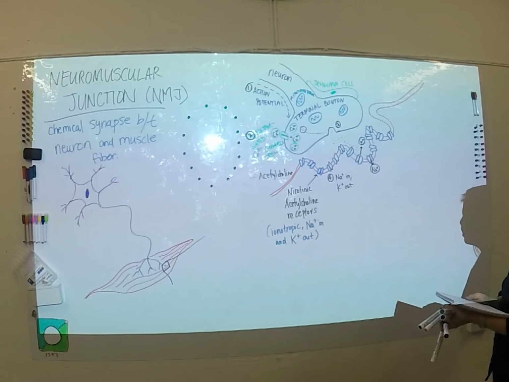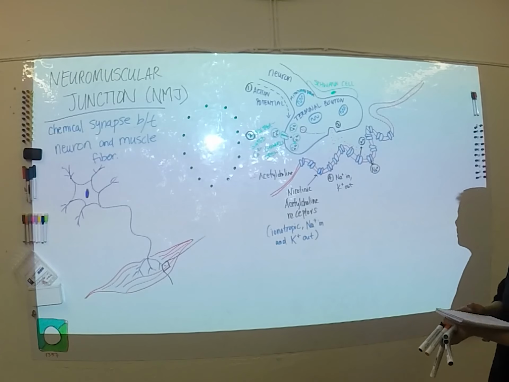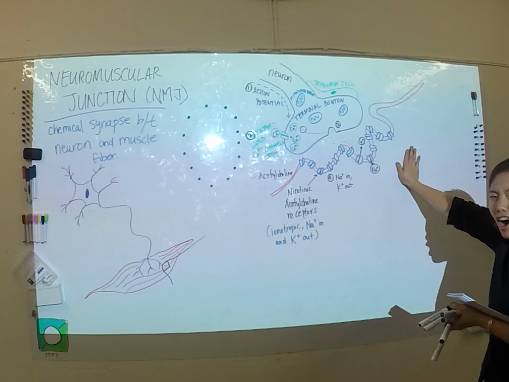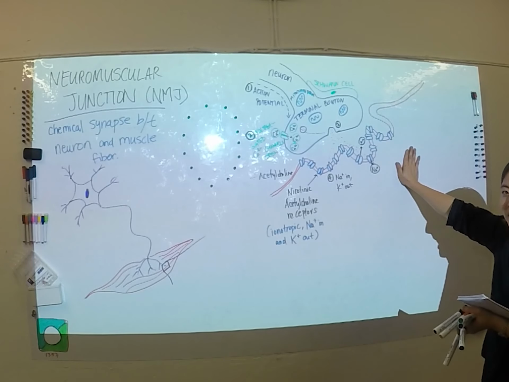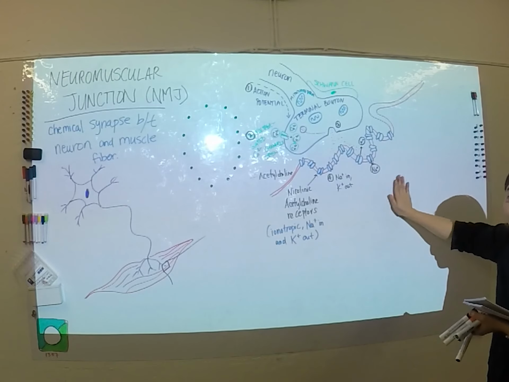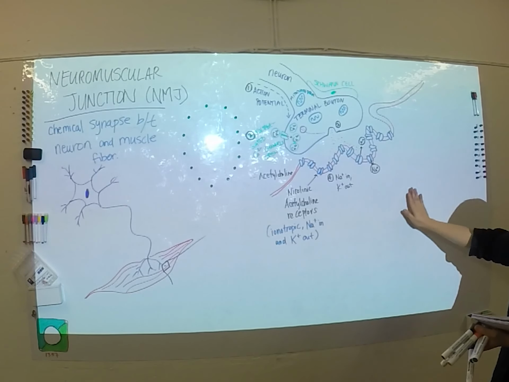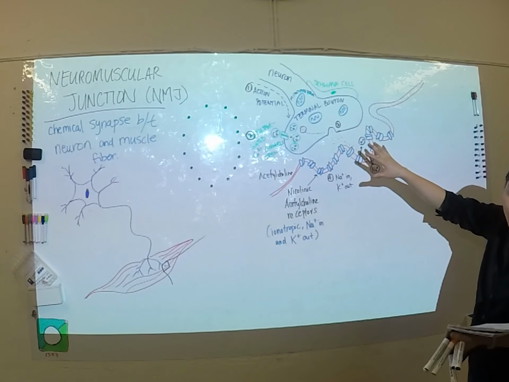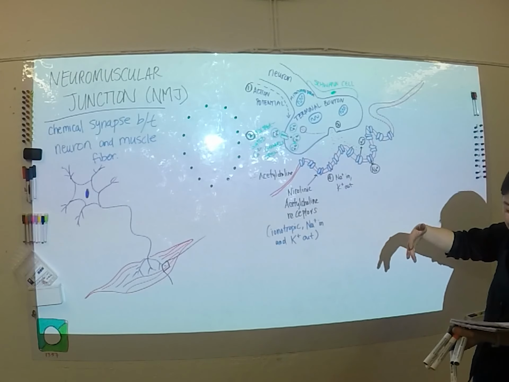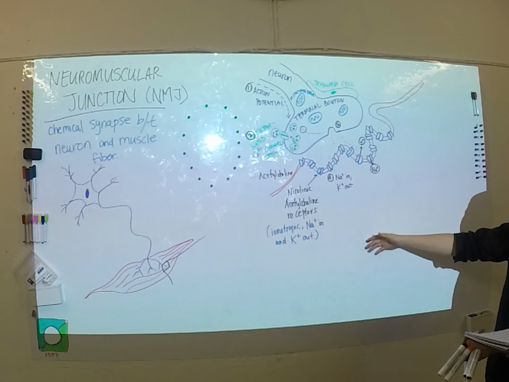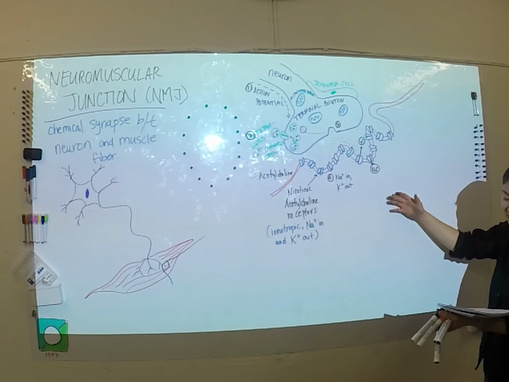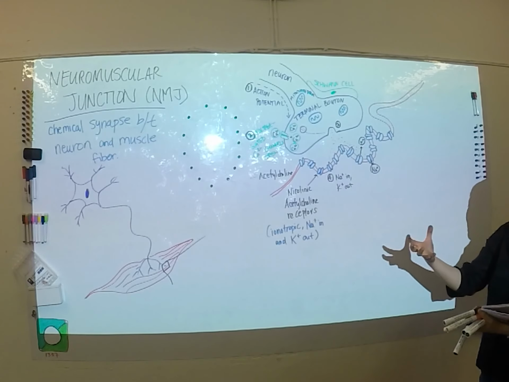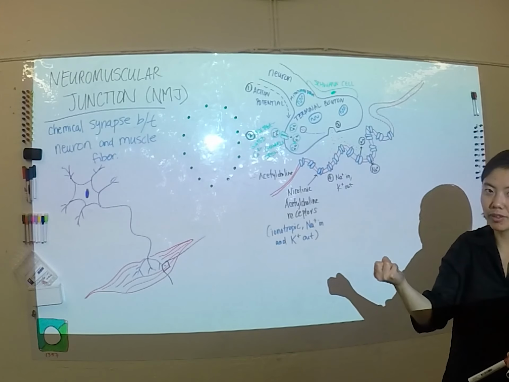All right, so what this can do is, does this look familiar? Sodium coming in, potassium going out. That looks an awful lot like an action potential, right? So muscles can also depolarize. This muscle fiber that is being activated right now can depolarize, and that causes a bunch of different events, a bunch of different chemical reactions that eventually results in a muscle contraction, okay?